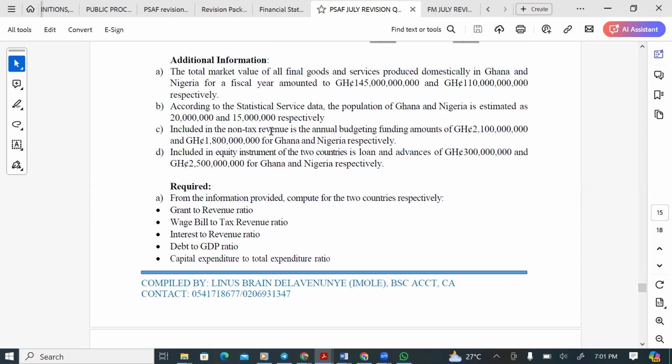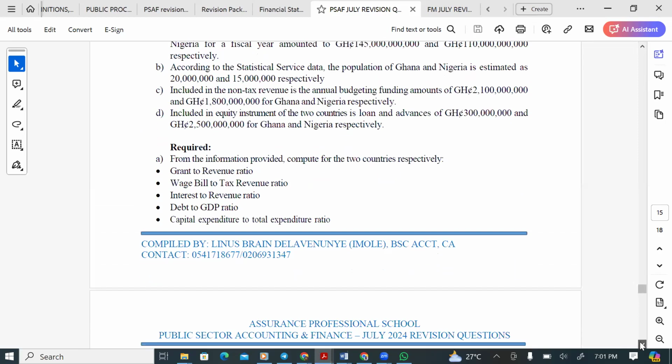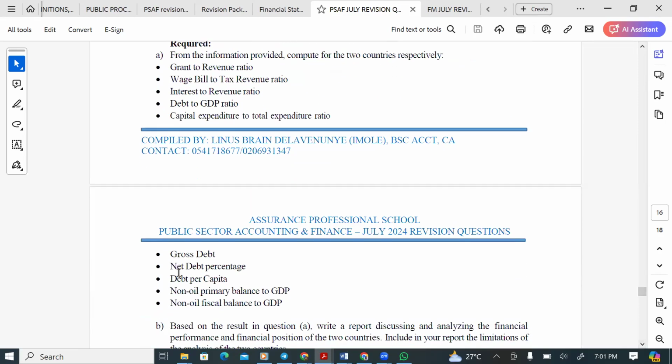Included in the non-tax revenue is the annual budget funding amount of 2.1 billion and 1.8 billion for both countries. So our revenue, we are going to be adjusting it with those figures. So we should not have any information with oil. And also the net debt percentage, those are the two.